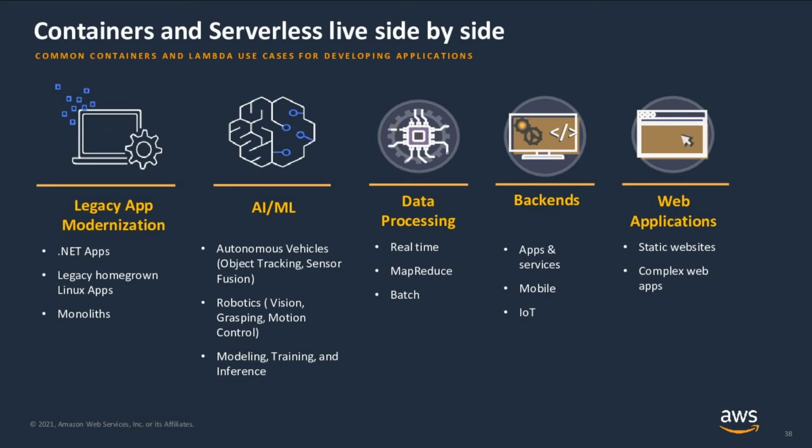Another common set of use cases are around backends, such as for various custom applications and services, mobile backends, and IoT. Customers also leverage both serverless and container services to build static and complex web applications.